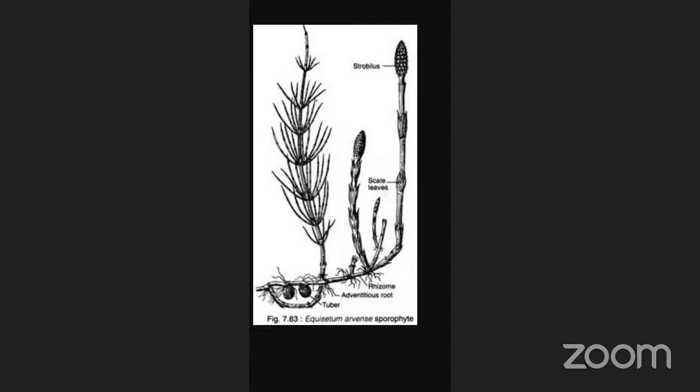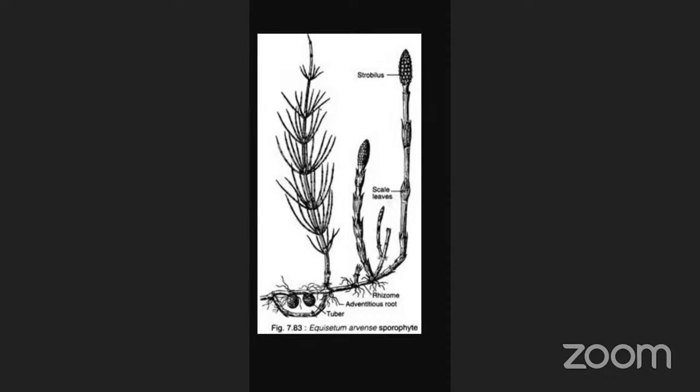Around 25 species are there in our India. Here also the plant body is sporophytic. This is also very important from the examination point of view, in practical examinations too. One specimen is there, and the Equisetum specimen also comes in essay and theory questions.